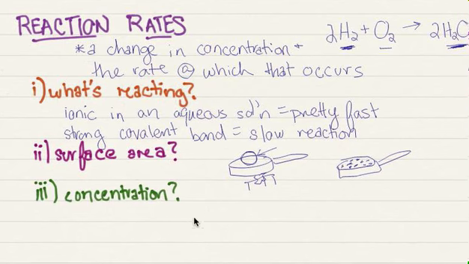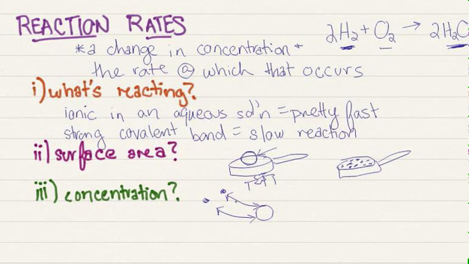Another thing to take into account is concentration. Since all reactions are somewhat probabilistic, right? You've got a couple of hydrogens hanging out over here. You've got an oxygen hanging out over here, right? And ultimately all that reaction is the likelihood that these guys are all going to bump into each other, right?